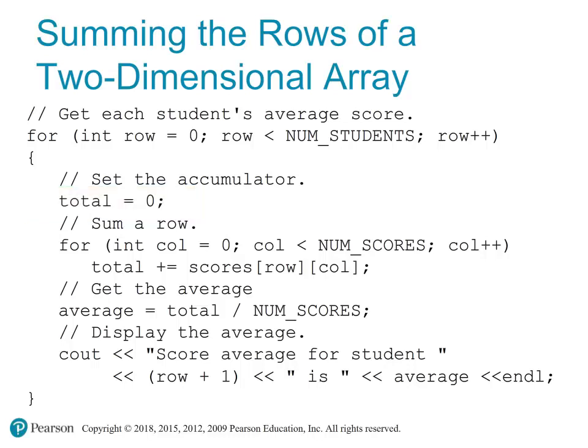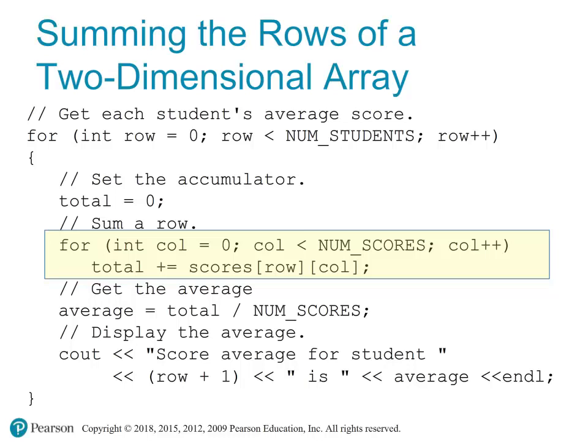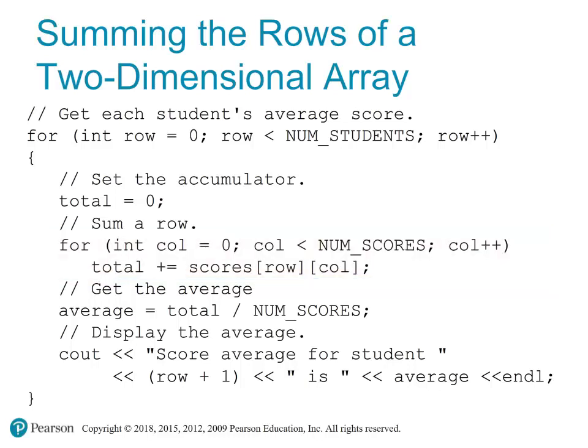So inside the inner loop, it sums up all the scores for a specific student. So here we have a for loop from col equals 0 to col less than the number of scores. After the inner loop completes, the accumulated total contains the sum of all scores for 1 student.